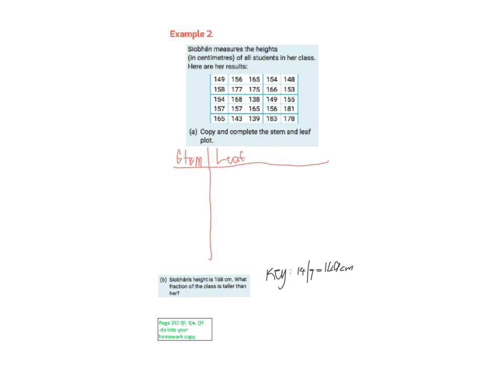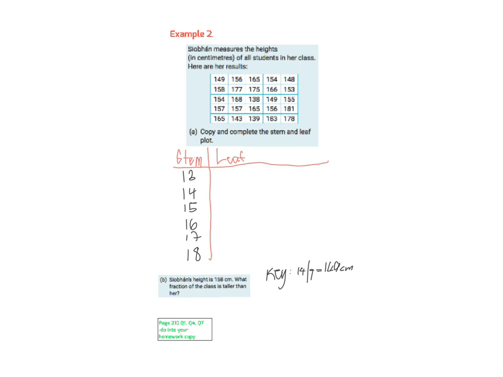So in my stem, looking at the table, I can see that I'm going to have 1 3, 1 4, 1 5, and probably all the way up to 1 8. So I'm going to have 1 3, 1 4, 1 5, 1 6, 1 7, 1 8.